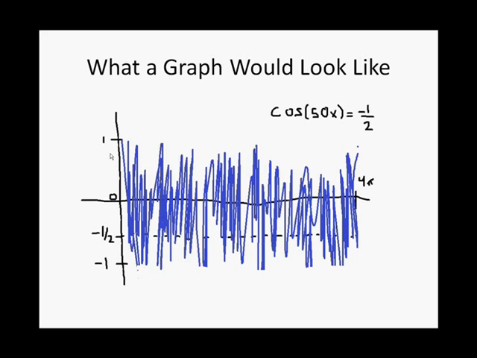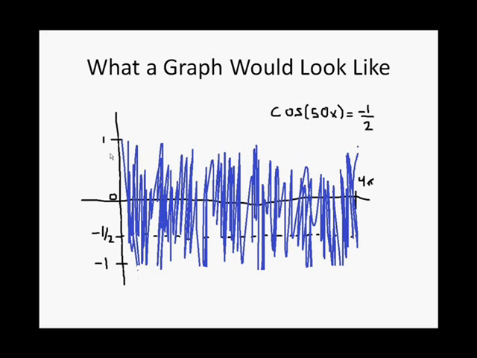It would pretty much black out the entire screen. Then I just graphed cosine of 50x equals 1/2, just to get back to the basic cosine function. But even if we were to graph the original equation, it would be just as complicated.